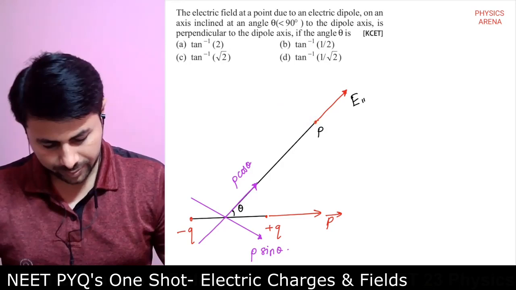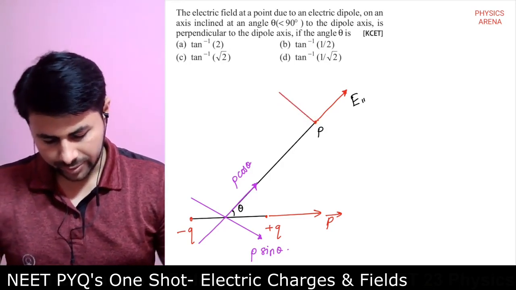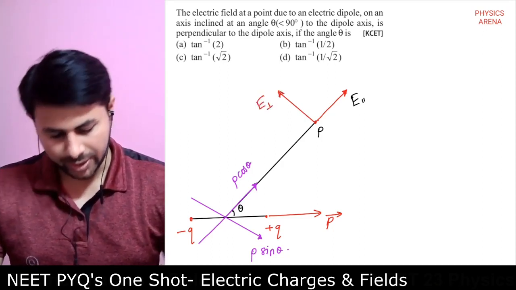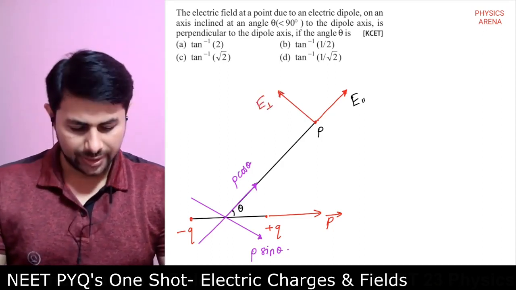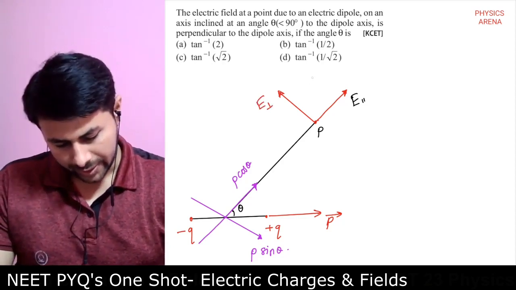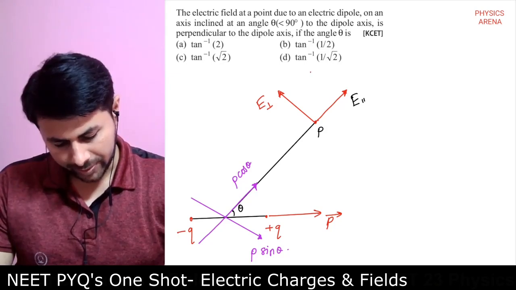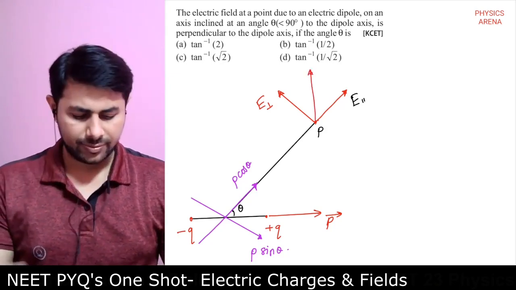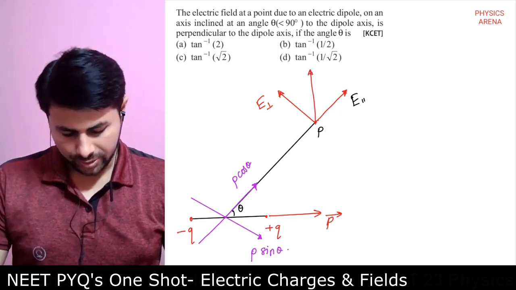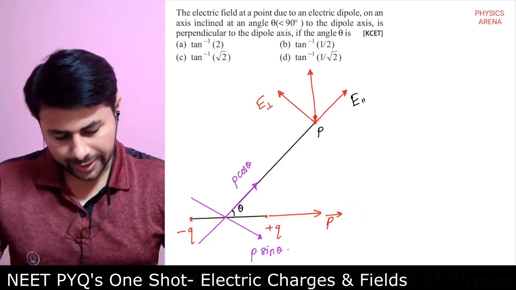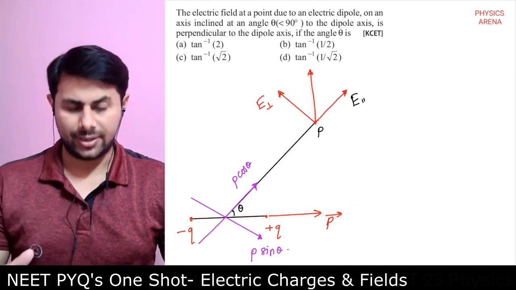So this one would be E perpendicular. So net electric field is vector sum of these two. Okay, so it will be directed something like this. So question is, the angle between this dipole and the net electric field is 90 degrees.